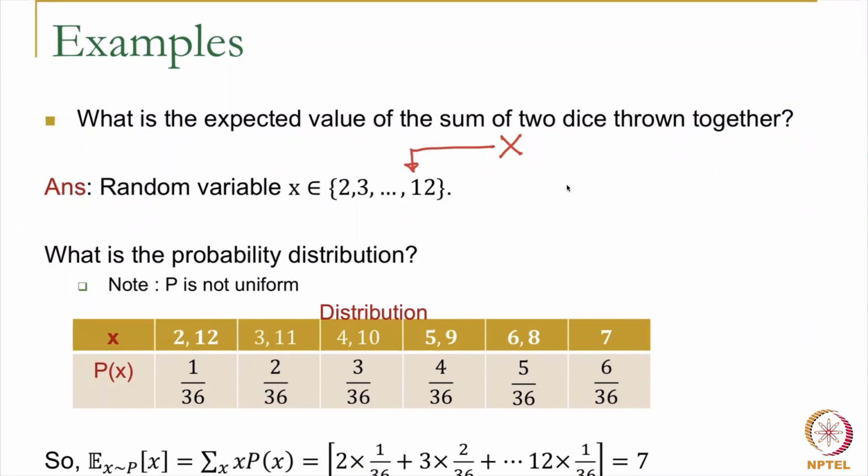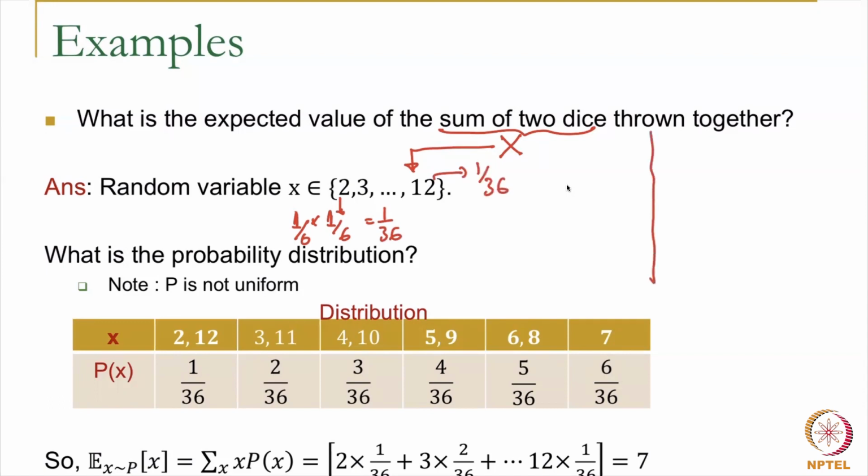Okay, so X is the sample space which goes from 2 to 12. And what is X? X is the sum of the 2 dice. There is no 1 there because it only will vary between 2 and 12. Okay. Now the random variable X has several possibilities. You get 2 only if you get 1 and 1. And the probability of that, of course, is 1 by 6 multiplied by 1 by 6, which is 1/36. Similarly, 12 also has a probability of 1 by 36.